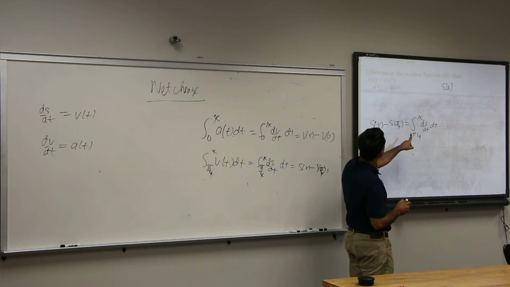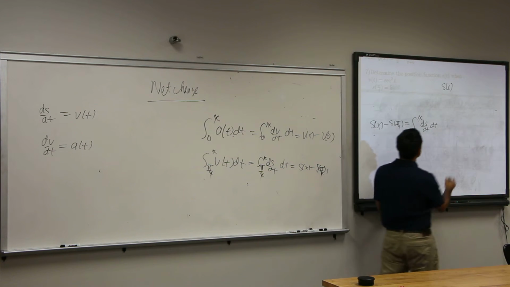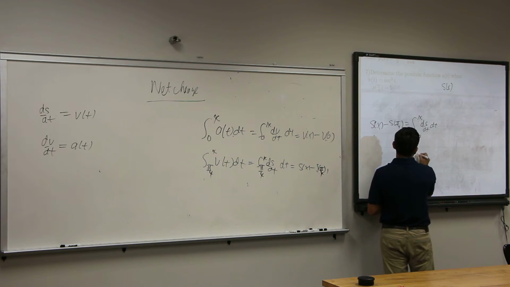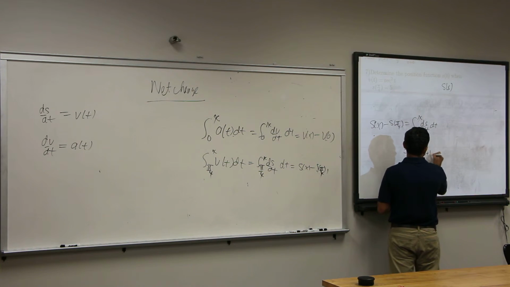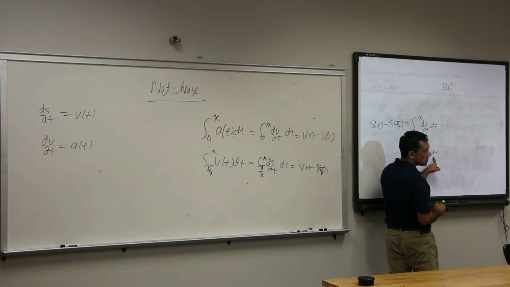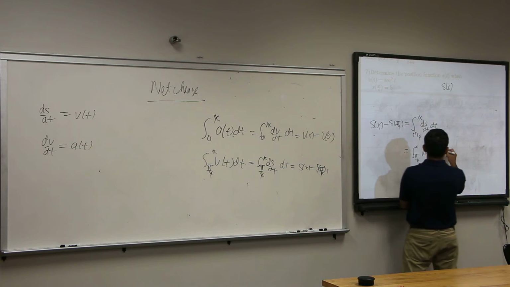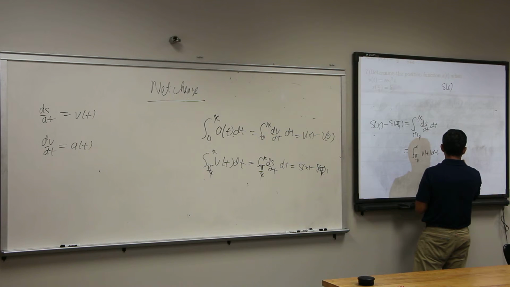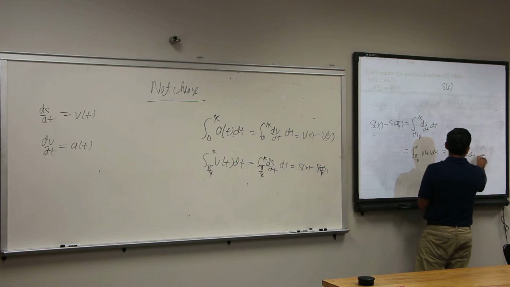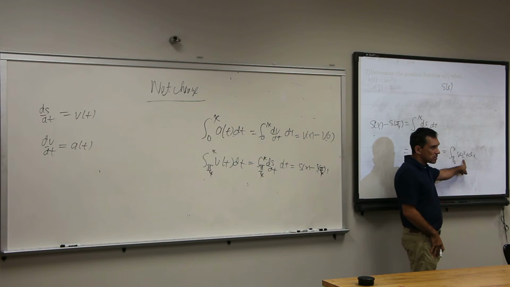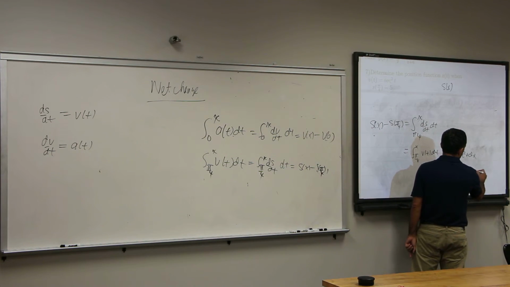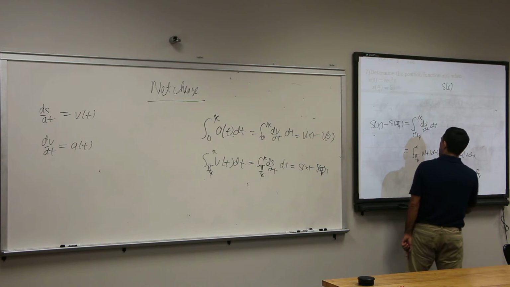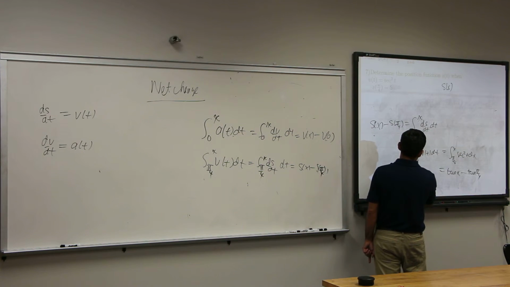What is ds by dt? v. What is v of t? Secant squared. What is the antiderivative of secant squared? Tangent. I will evaluate it at x and at pi by 4. That is s of x minus s of pi by 4.